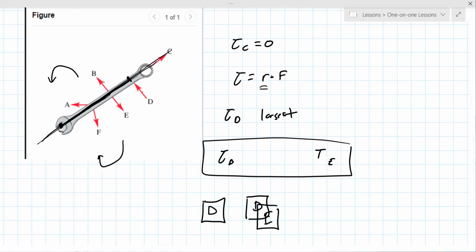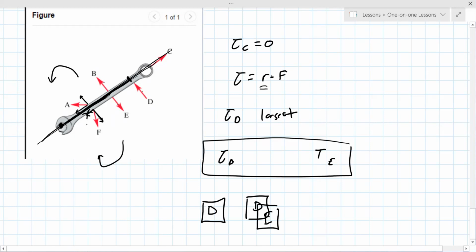All right. Okay, so now we're down to F and A. If you break F up, it's got a component this way and a component this way, one perpendicular and one that's parallel. The parallel one doesn't contribute. Now we can do the same thing with A. It's got a perpendicular and a parallel.